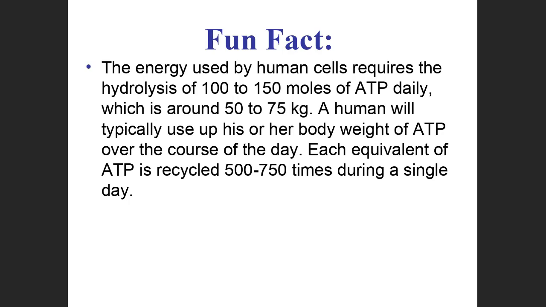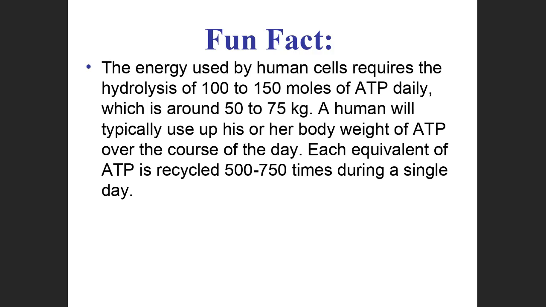If you were to weigh those ATPs, they would weigh anywhere from 50 to 75 kilograms. That's the average body weight of a person. A human will typically use up his or her body weight of ATP over the course of a day.